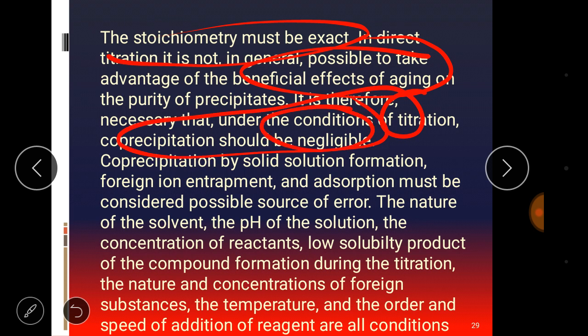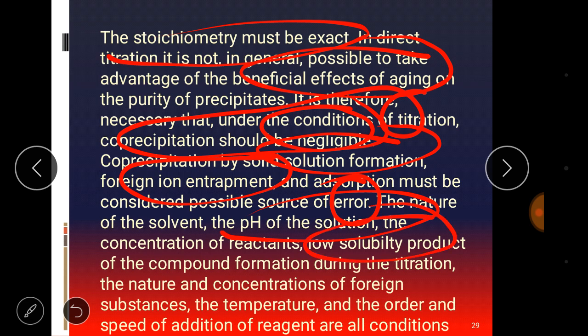We can see co-precipitation by solid solution formation or foreign ions present in the solution, and adsorption must be considered a possible source of error. That is why the nature of the solvent, the pH of the solution, the concentration of reactants, the low solubility product of the compound formed during the titration, and the nature and concentration of foreign substances matter.